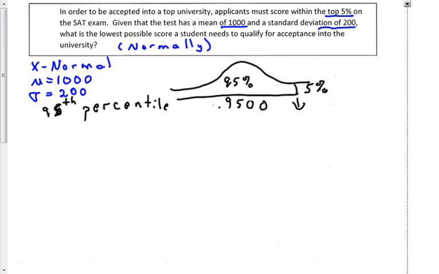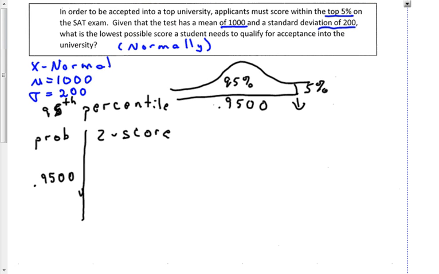And when we're looking at these, we need to find the probabilities and corresponding z-scores. Our goal is 0.9500. We may not find an exact value for that. In fact, most of the times we don't.